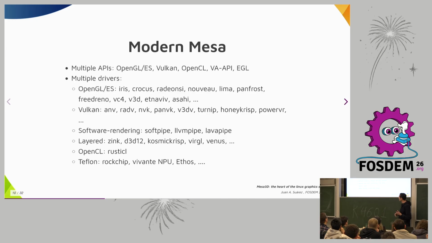We have multiple drivers for multiple devices, like, for instance, Iris and Crocus for Intel hardware, RadeonSI for AMD, Nouveau for all NVIDIA hardware. Then for Mali, Qualcomm devices, there is Panfrost, for Broadcom, Vivante, and Asahi, which is basically for Apple M1 GPUs.